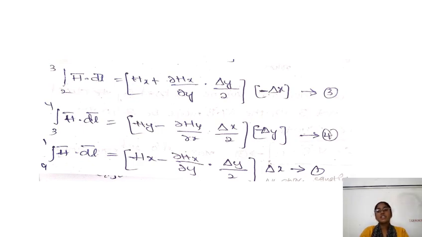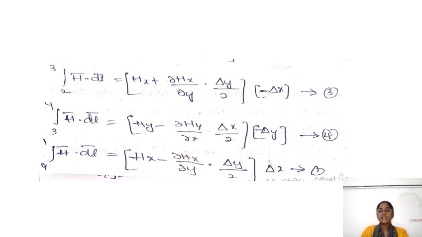That implies equation 4. The integral from 4 to 1 of H bar dot dl bar is equal to Hx minus dou Hx by dou y, times delta y by 2, into delta x.